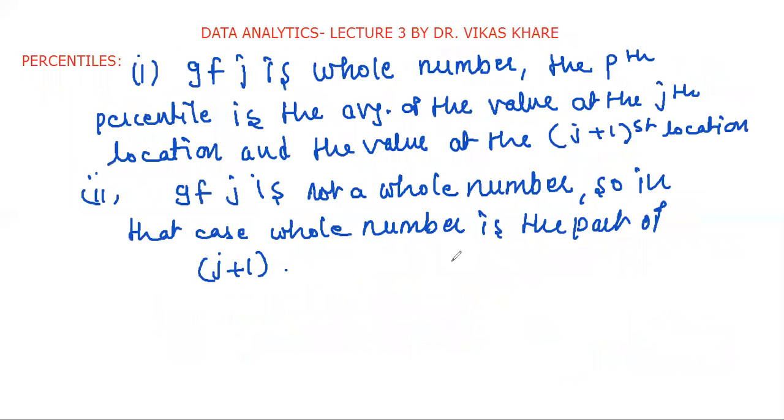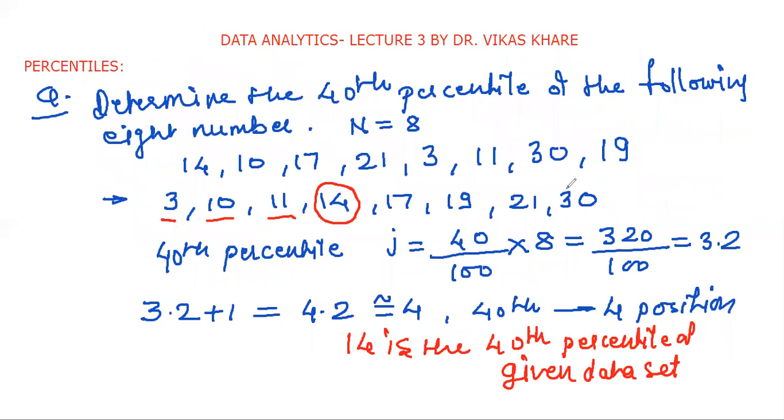Then there are two conditions when we identify the value of j: when it is a whole number, or when it is not a whole number. So we already understand the basic concept of percentile according to the given example.